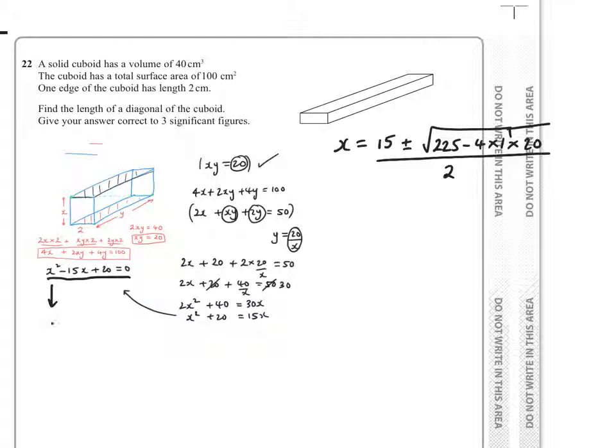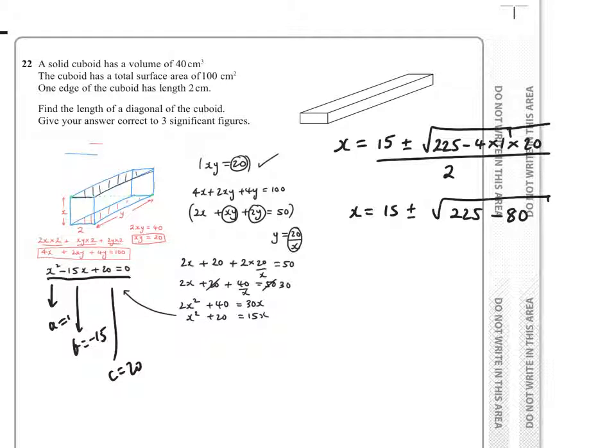And don't forget here, a is 1, b is negative 15, and c is 20. So x would then be 15 plus or minus, and we've got 225 minus 80. Sorry for the print underneath, I hope you can see it okay. And then neatening that up, we've got 15 plus or minus, and that will be 145 square rooted over 2.